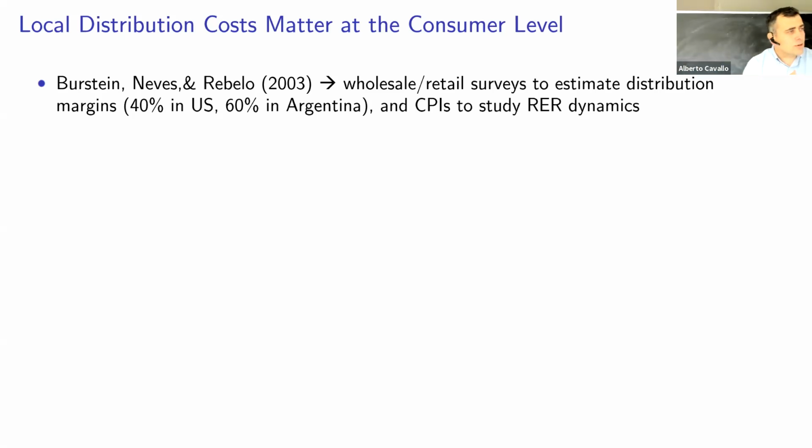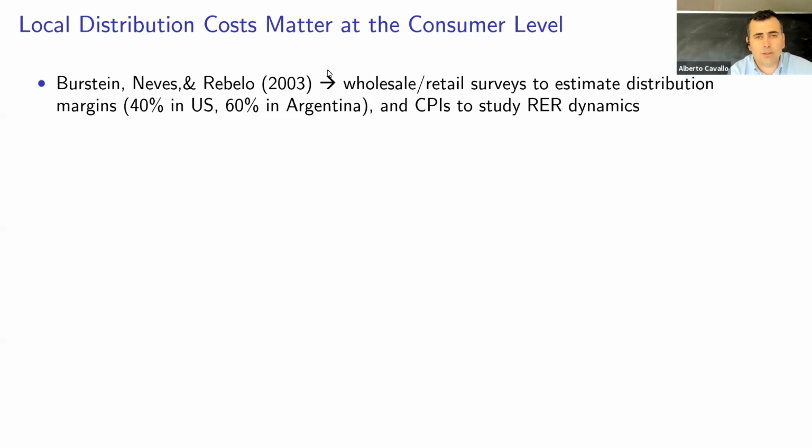look at the consumer level, the retail level, and the CPI, which matters because of inflation dynamics, for example, that Brent was referring to, they realized there was this extra component, the distribution cost, that will allow those shocks that creep into the border prices to have even less of an effect at the consumer level. No?